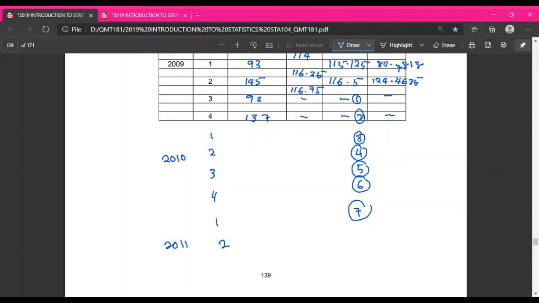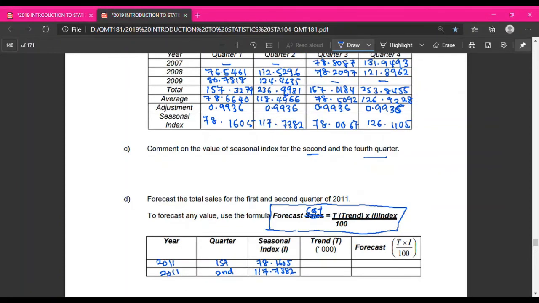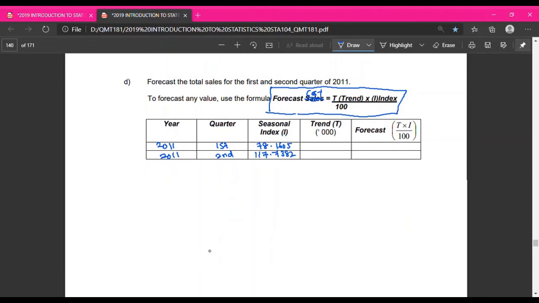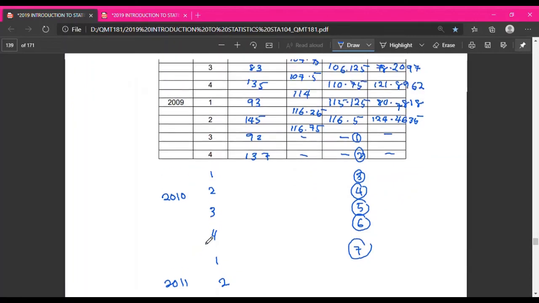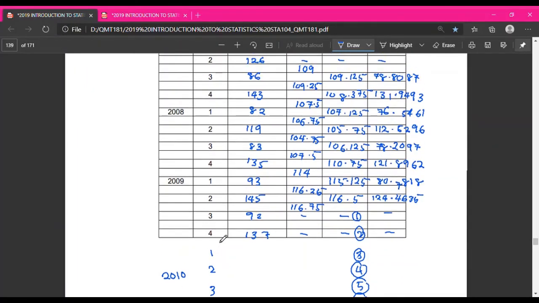Okay. So nak forecast the trend. Which is you kena cari trend increase per quarter first, right? So cari trend increase per quarter. Saya buat kat sini lah sebab senang nak nampak. Trend increase. It will be the last trend value, which is 116.5.